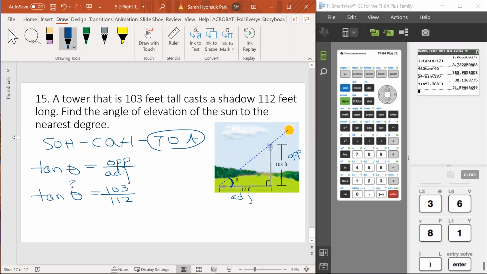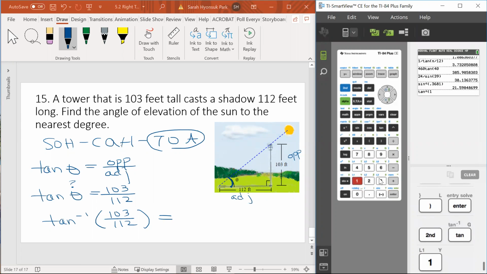So we've got to use an inverse tangent of 103 over 112. So inverse tangent of 103 over 112 is 42.6, so we're going to round that up to 43 degrees.